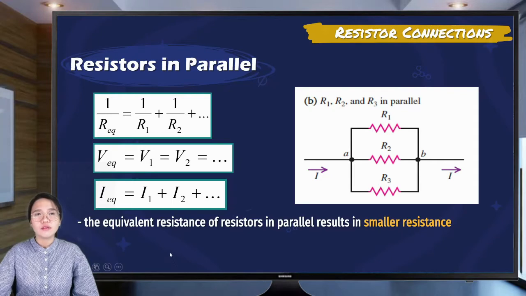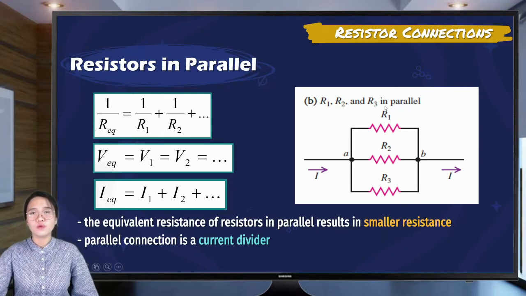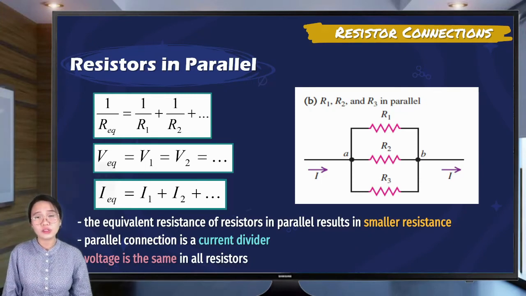And then we also have parallel connection is a current divider. As shown in the figure, in the equation, your current is divided into your resistors, while the voltage is the same in all resistors. So it is the opposite of resistors in series. In series, your Req must be larger than each of the resistances in the connection.